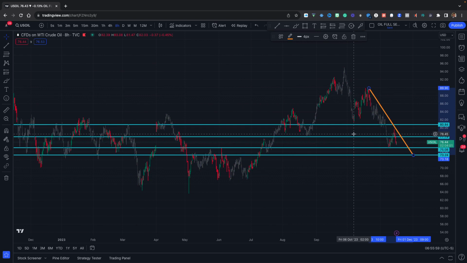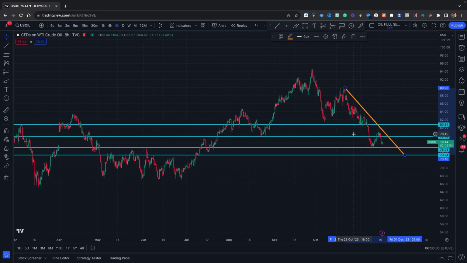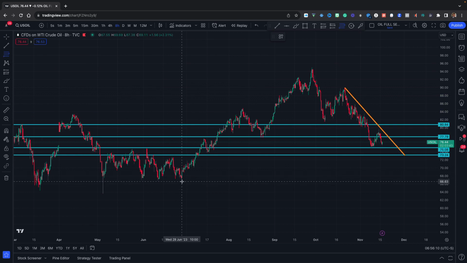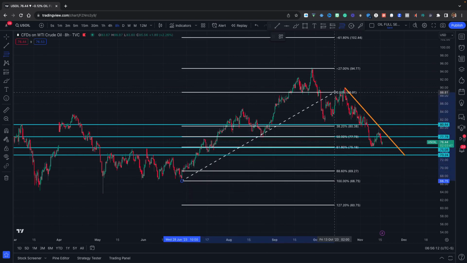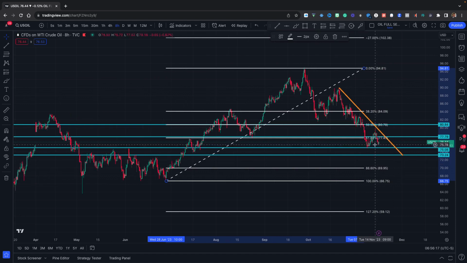Now we are sitting on the 8-hour chart, and we did do a pretty heavy retracement, okay? If we go from this low point here where we started the uptrend to where we started the downtrend, you can see that we have retraced around that 70% marker.